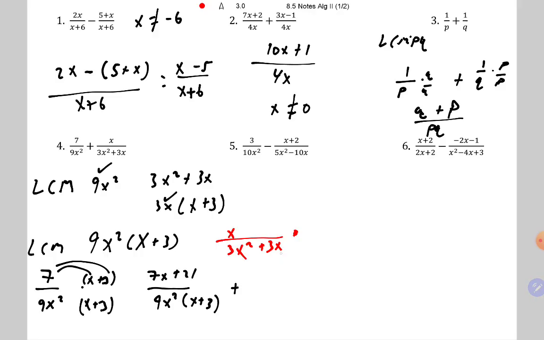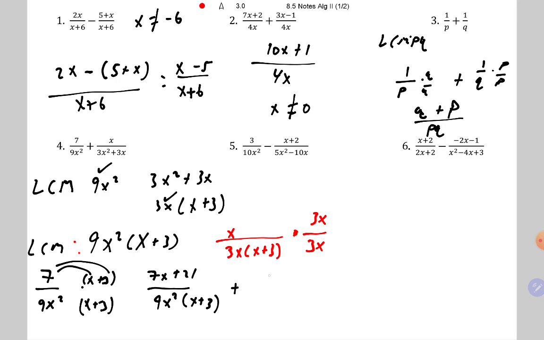So what is that missing? Okay, because we factored it into 3x, x plus 3. We need to make it look like our lowest common multiple, 9x squared times quantity x plus 3. So all that's missing is another 3x, because 3x times 3x is 9x squared.